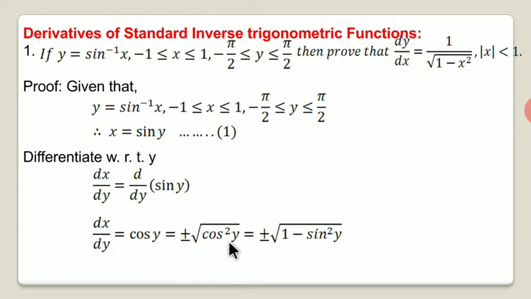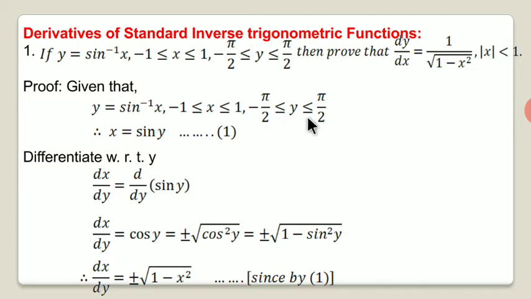We know cos square y is 1 minus sine square y. So we get dx upon dy is equal to plus or minus square root of 1 minus sine square y. Now since sine y is x from relation number 1, we get dx upon dy is plus or minus square root of 1 minus x square. We use relation number 1 here.